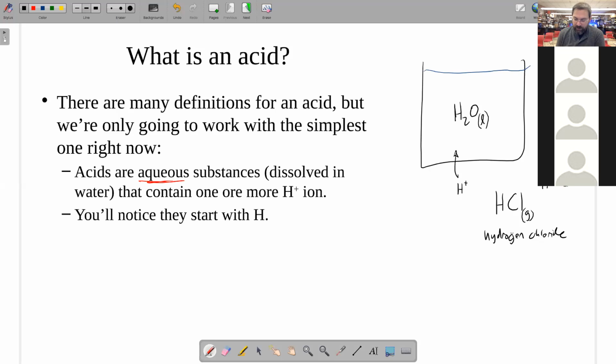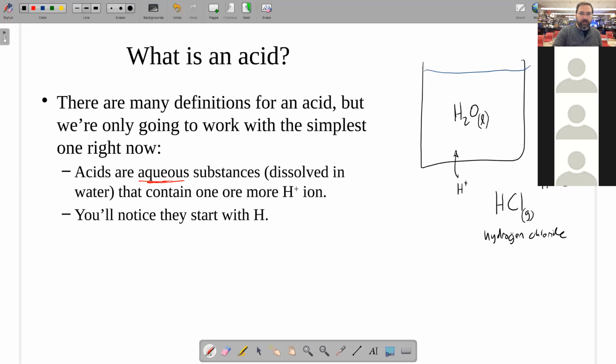You only need a 1-to-1 ratio, and you get HCl. You would call that hydrogen chloride. And there's a gas called hydrogen chloride, and hydrogen chloride as a gas, I have a little g here, is not an acid on its own.